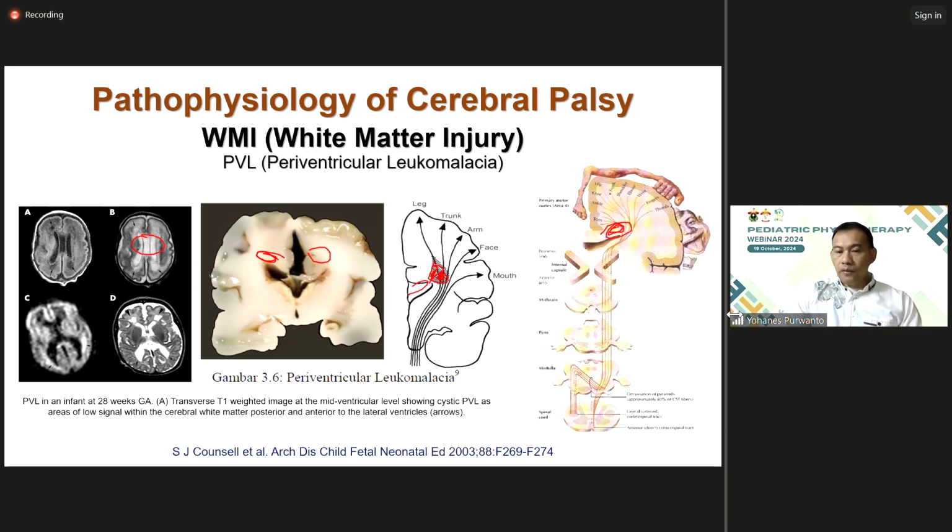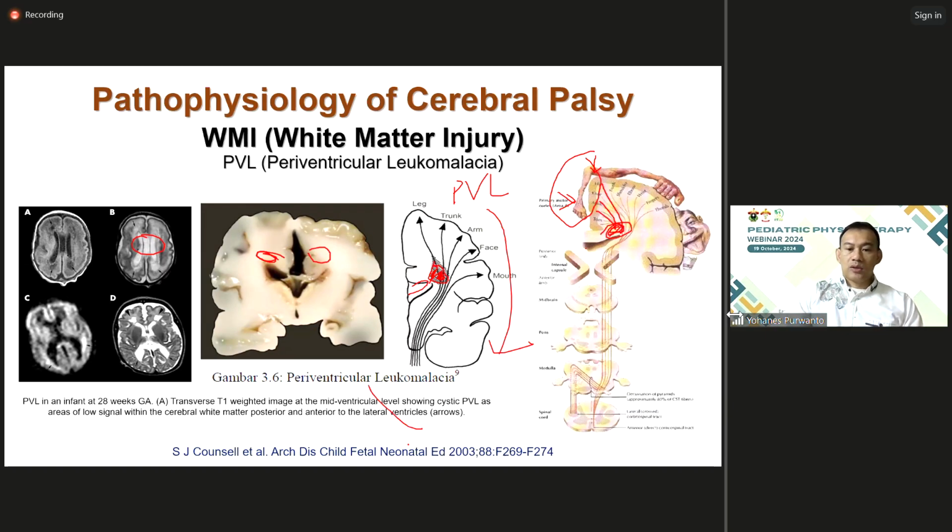And according to the distribution of the corticospinal tract here, the motor cortex here is the leg, and then this is the trunk. So the leg and the trunk trajectories run in the corticospinal tract. So the problem from periventricular leukomalacia becomes weakness of the leg and trunk.